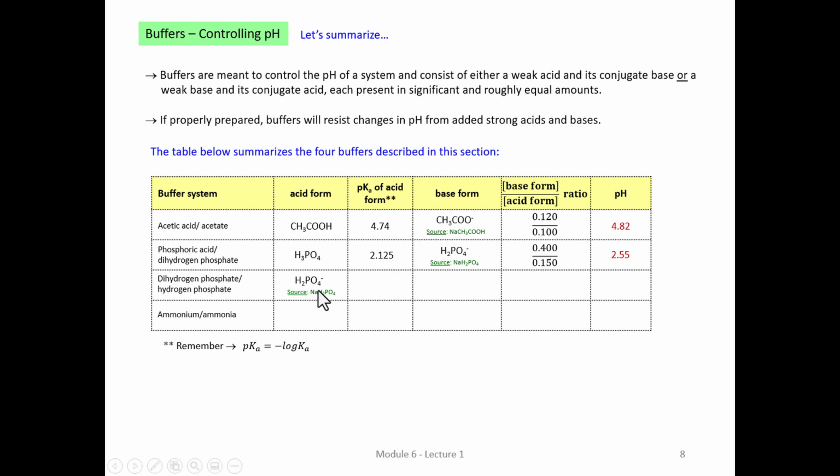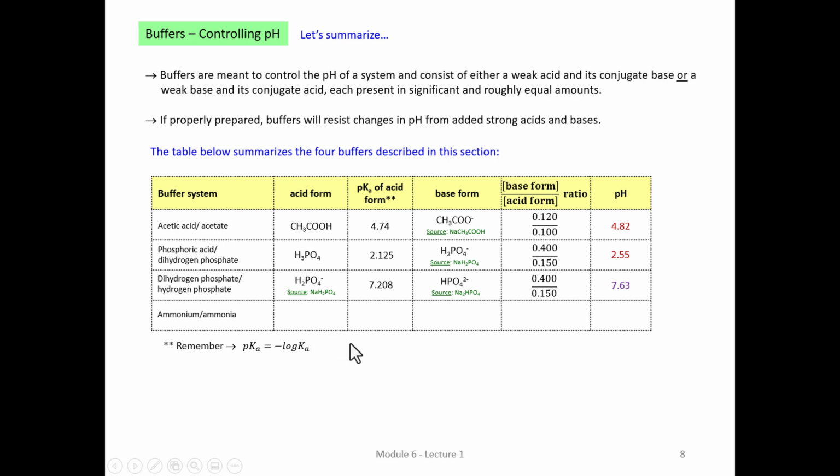The base form would be a form with one less hydrogen ion, HPO4 2-, and the source was sodium hydrogen phosphate. The base form to acid form concentration ratio was again 0.4 to 0.15. The pH was 7.63.